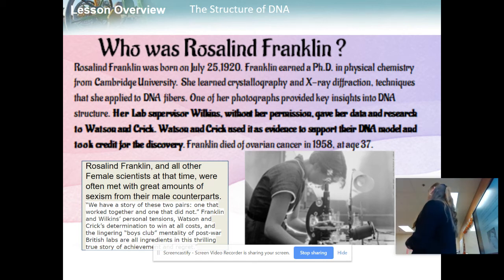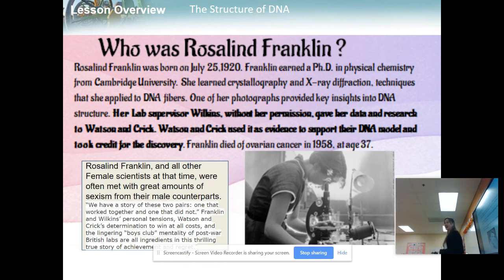Watson and Crick got a hold of all of her data. Her partner and lab supervisor gave her finished data to Watson and Crick without ever asking her permission. Was it illegal? No, because they were her supervisors.